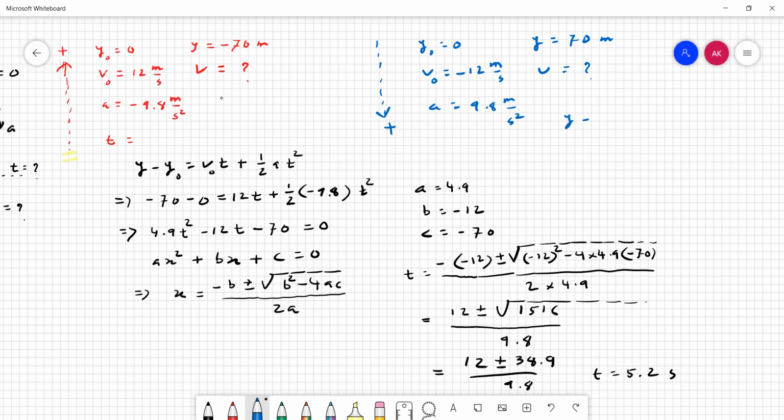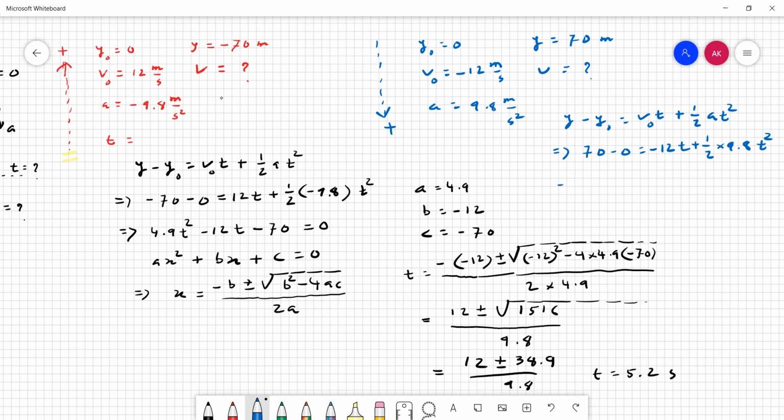y minus y naught is equal to v naught t plus half a t squared. Same equation you need to use. However, y will be 70, y naught will be 0, v naught will be negative 12t, and that will be plus 4.9 t squared.